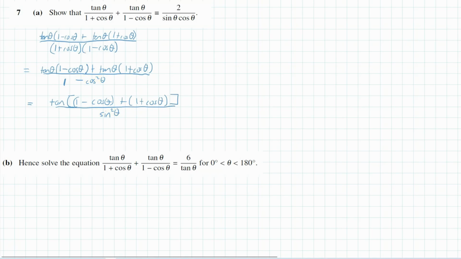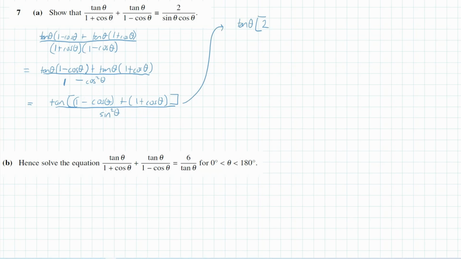Okay. Now my next line, I'm going to pop my next line up to here. Tan theta. And now I'm going to look into my square brackets. I've got 1 plus 1, so I'll have 2. And then I've got negative cosine theta and positive cosine theta.